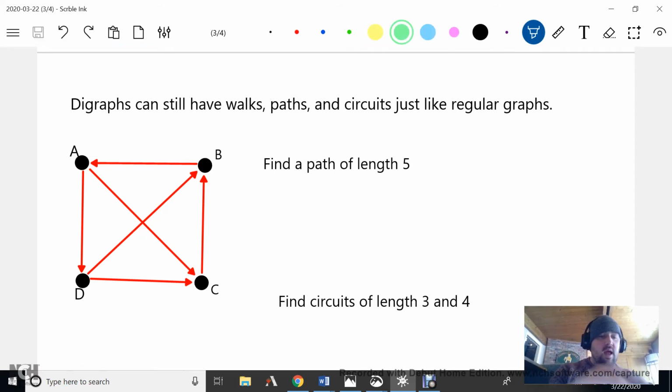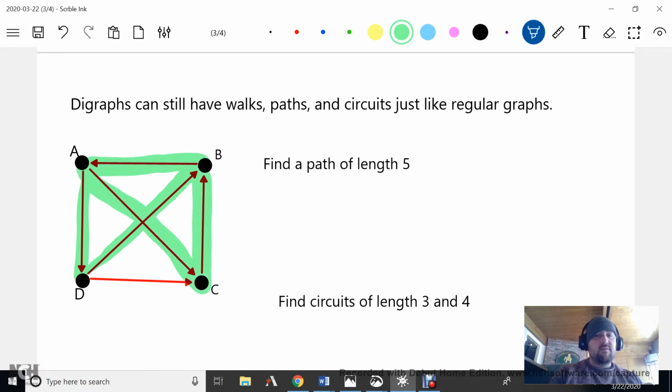So we're going to go A to D. And then we're actually going to go up to B. So that's 2, 3, 4, 5. That's our 5, right? I can show you again real fast. Here's 1, 2, 3, 4, 5.